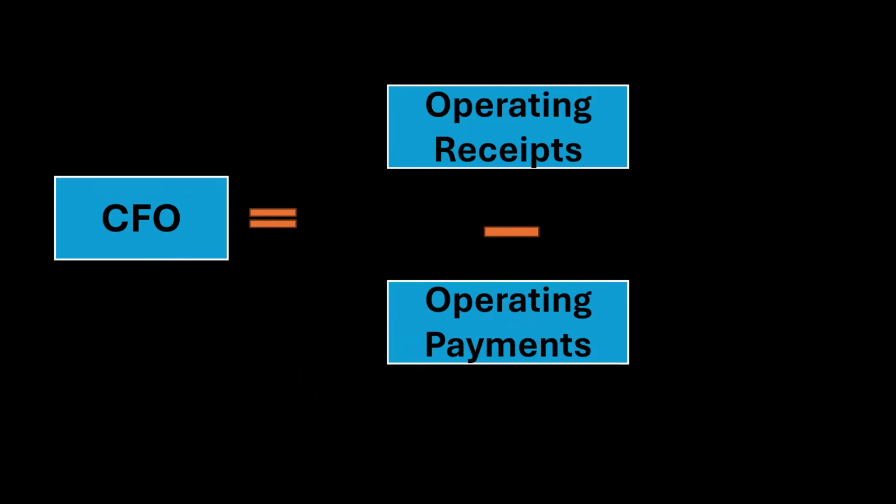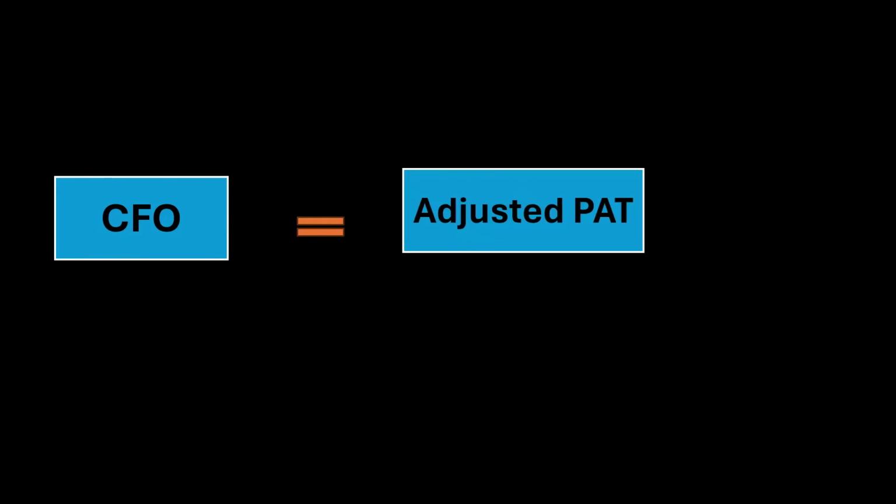Cash from operations, as per Ind AS 7, can be derived by using the direct method or indirect method. In the direct method, CFO is operating receipts minus operating payments. Whereas in the indirect method, CFO is adjusted profit, and here I'm using adjusted PAT.